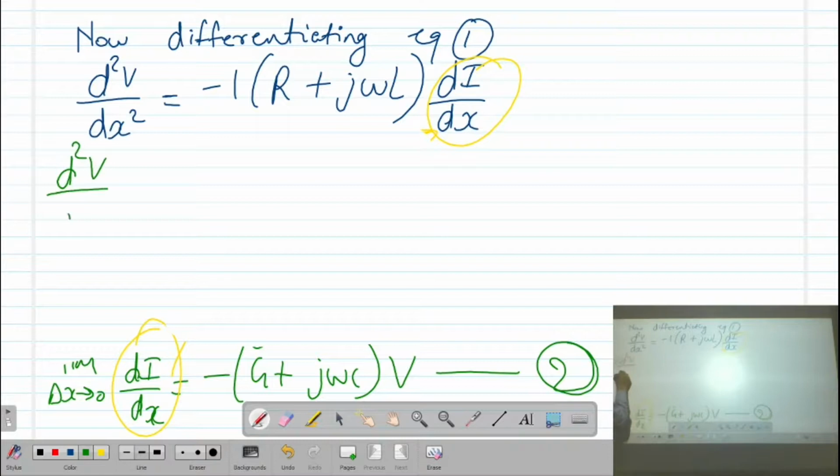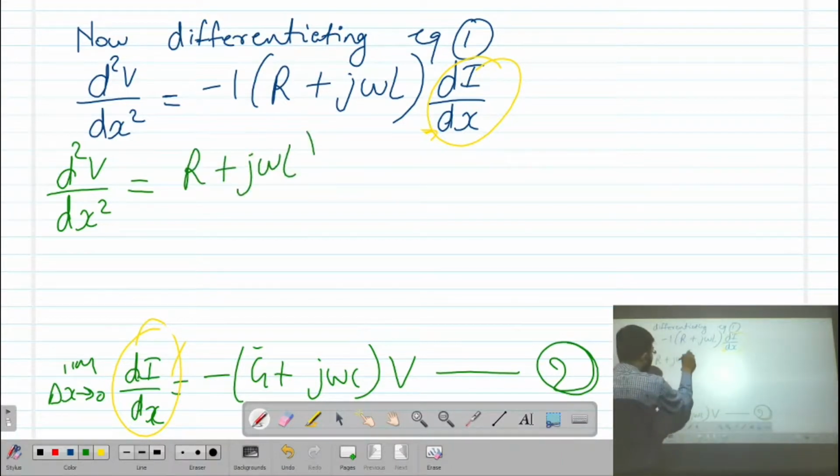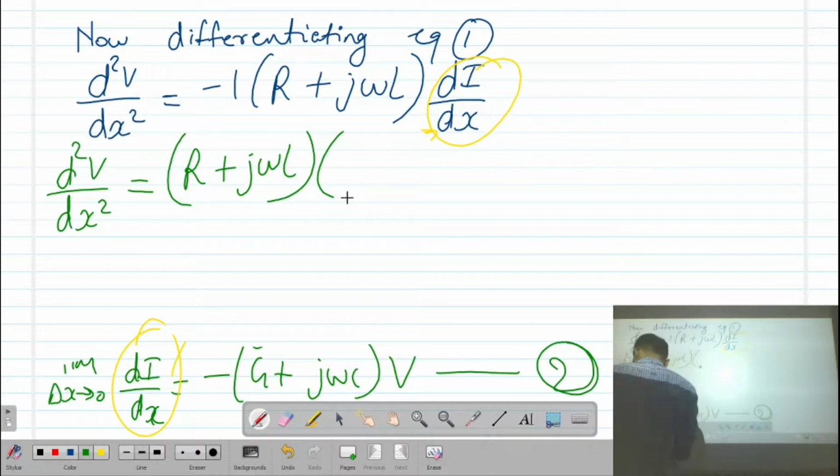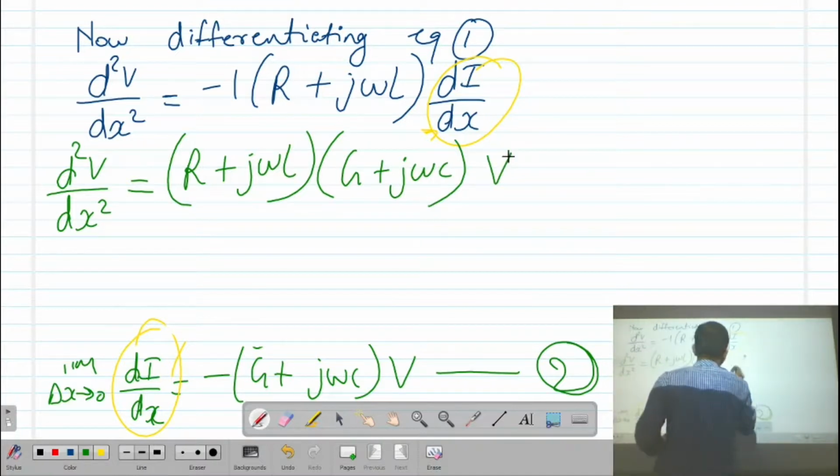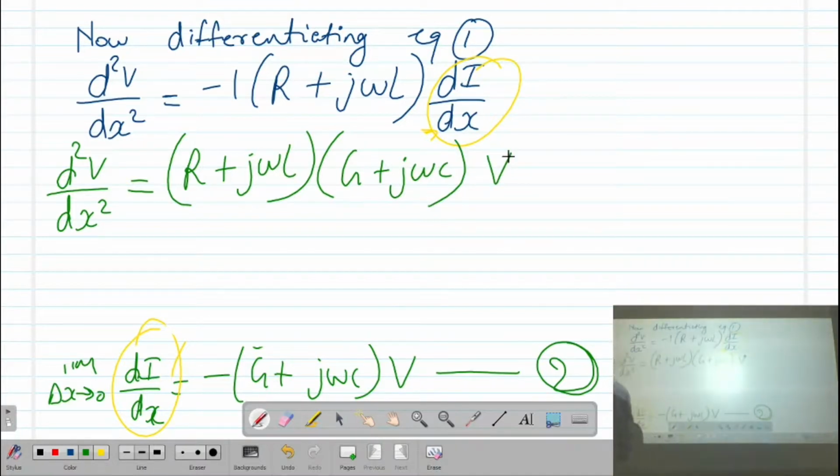We will get d square v by dx square is equals to R plus j omega L into G plus j omega C into V. Right?